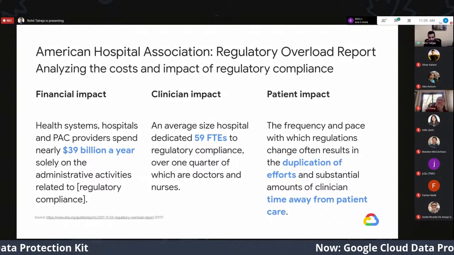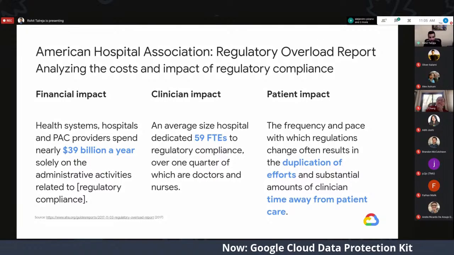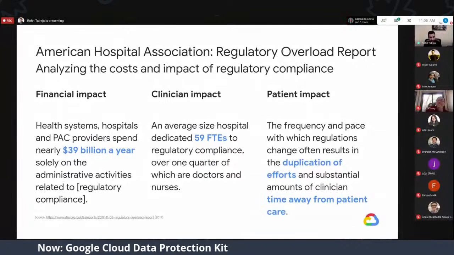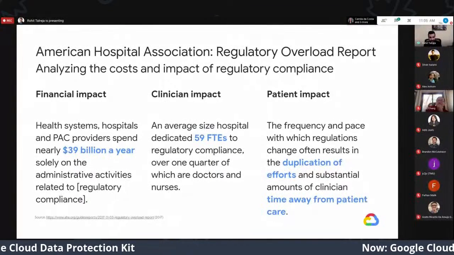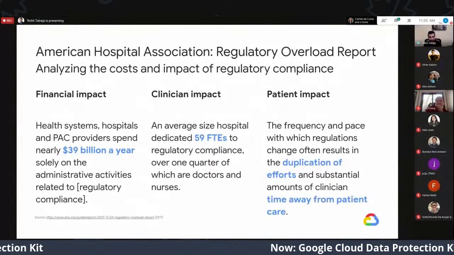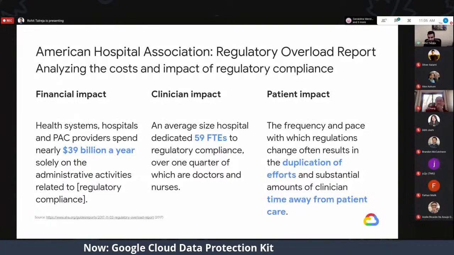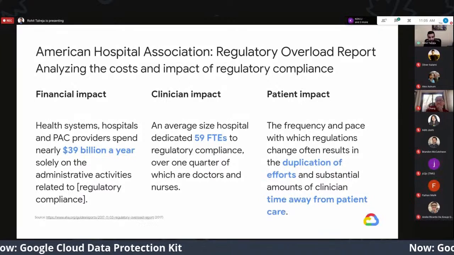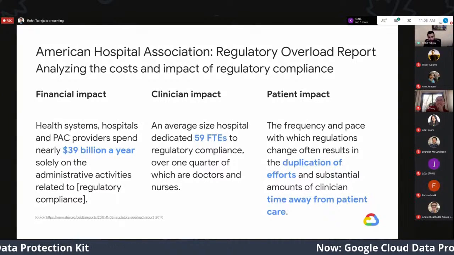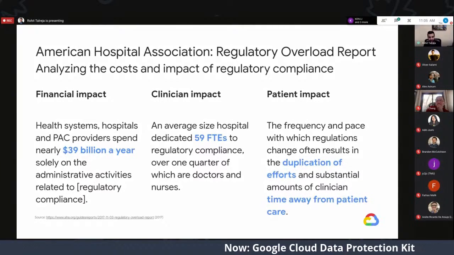And the end goal for everyone is to make the patient experience better. By reducing the money and time spent on these regulatory activities, we free up more funding and resources for research, for clinical care, for patient experience, and what matters at the end of the day in the healthcare system.